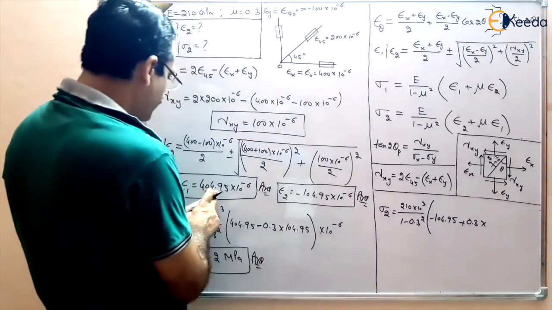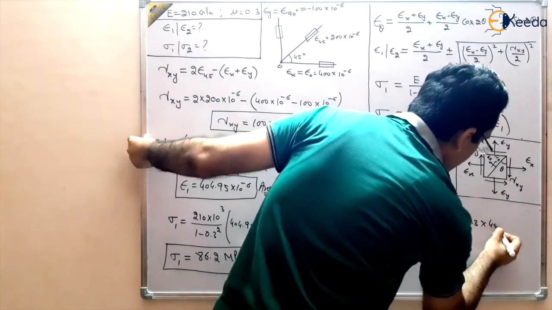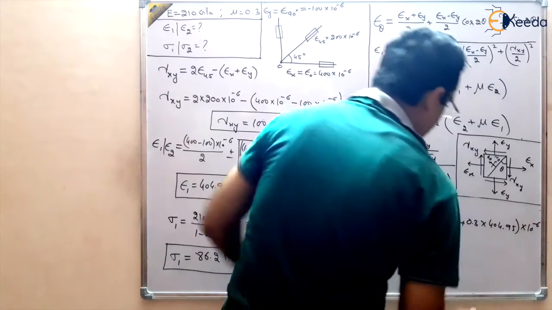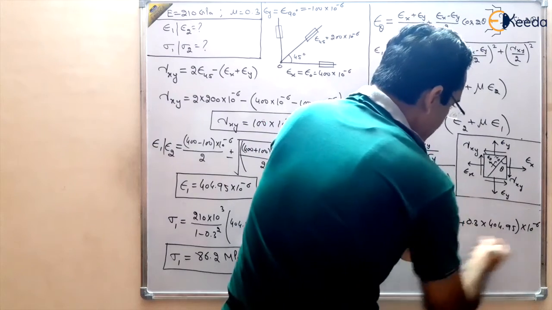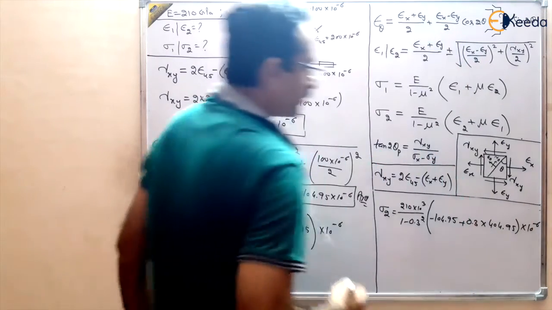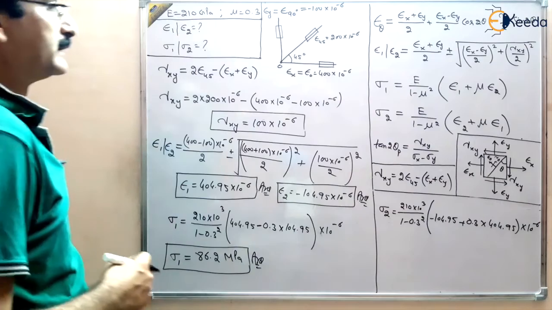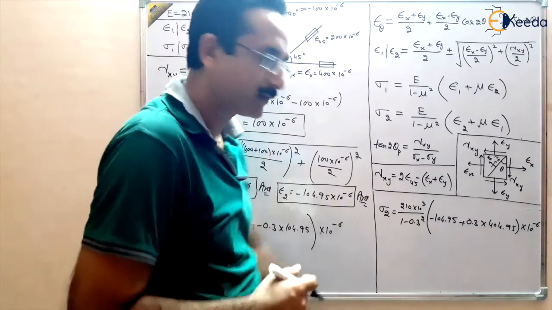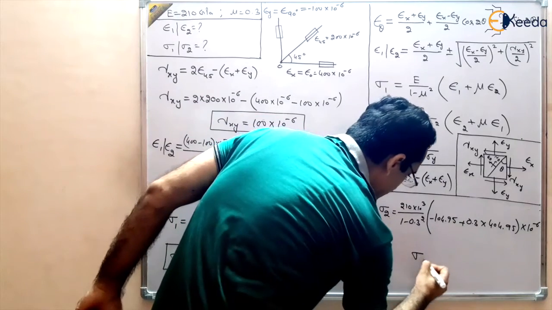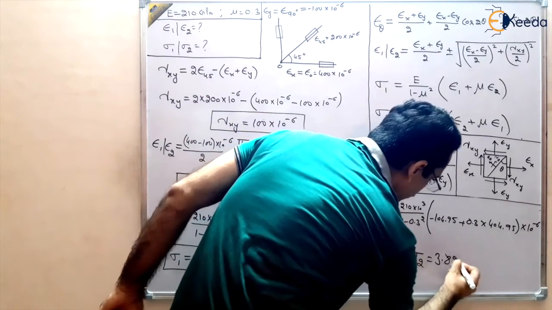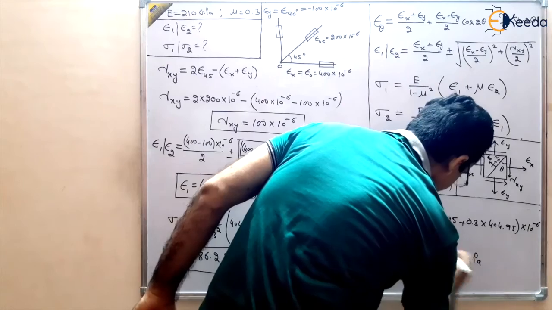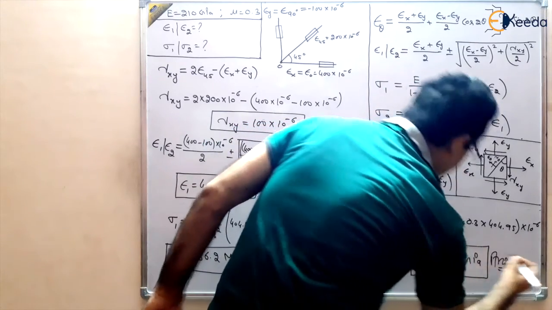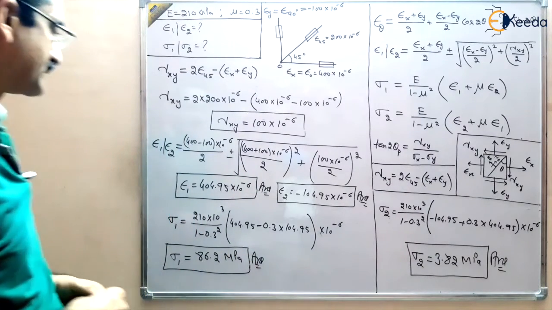Epsilon 1 is 404.95 multiplied by 10 to the power minus 6, because in this and in this there is multiplication of 10 to the power minus 6. So by solving this equation you will get the principal stress as 3.82 megapascal. Try to solve it and you will get this answer. So this is another answer, right?